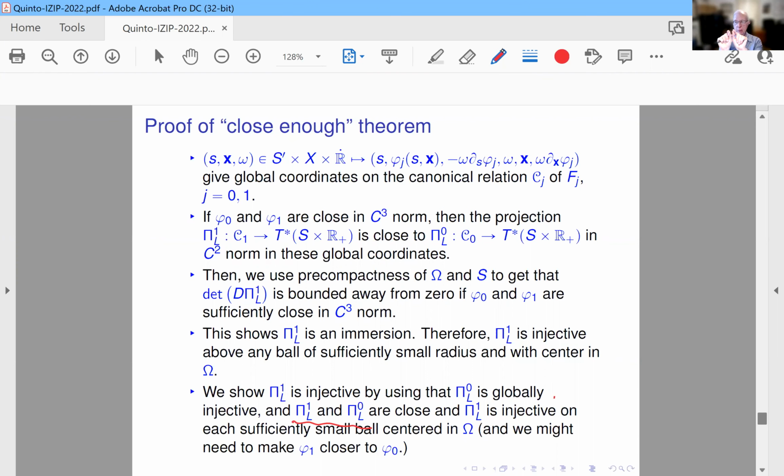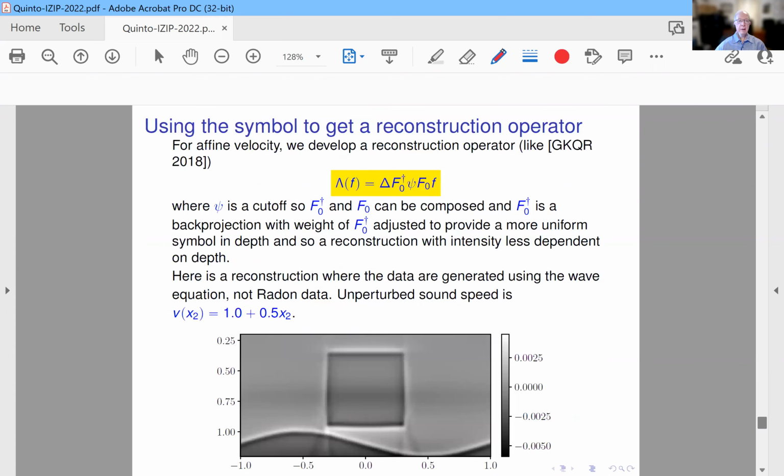Therefore, the 2 points, in X and omega, have to be close. And by making phi 1 and phi 0 close enough, these 2 original points will be in one of the balls. And actually, that should be x cross s. Okay. Good.